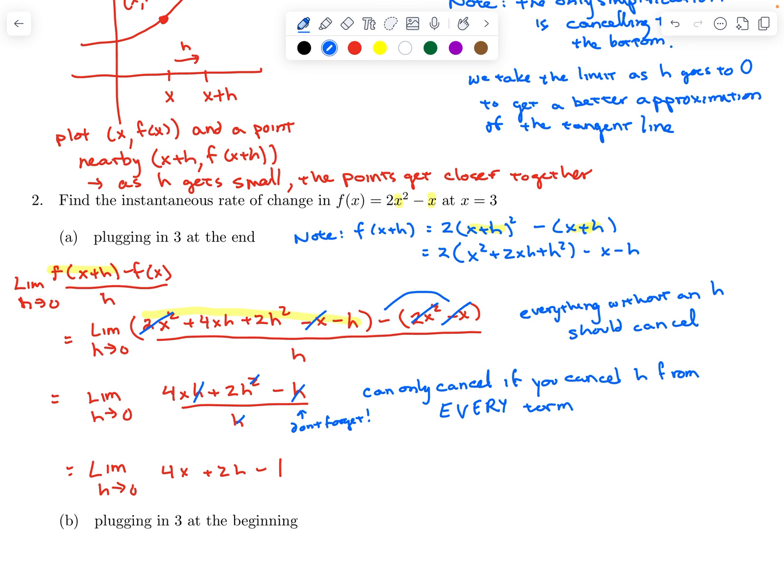It does not leave a 0. So factor, cancel, plug back in. And the final answer, just plug in 3 at the end.